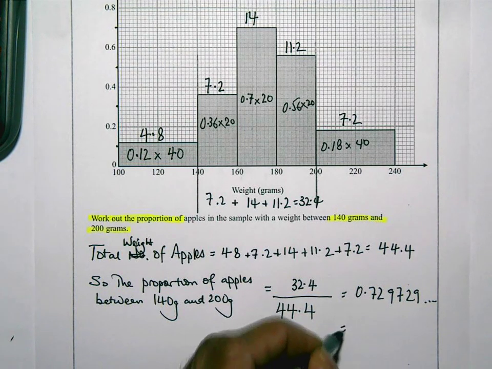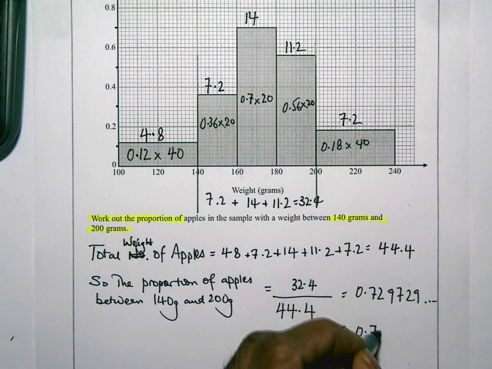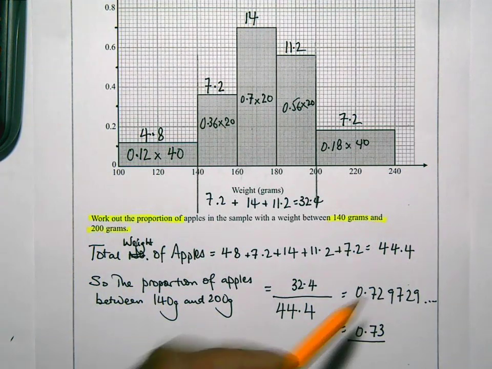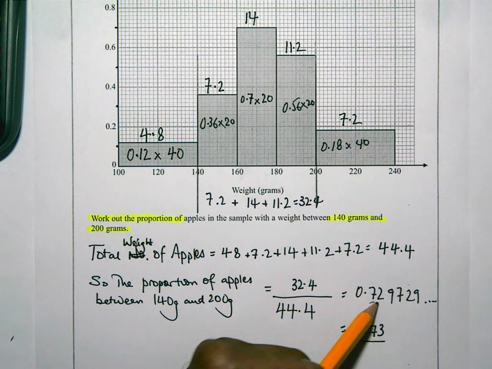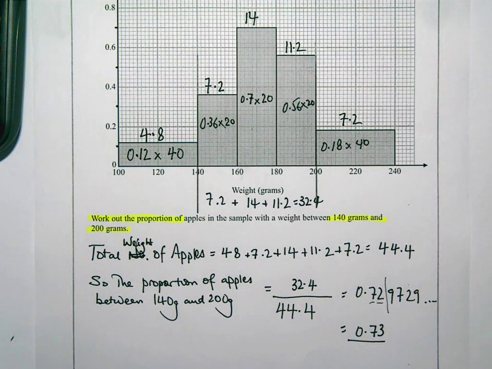So writing it to 2 decimal places, that's going to be 0.73. If you look at the 2 decimal places, 1, 2, I'm going to draw a line there, and that 9 means I round up and the 2 turns to a 3. So the proportion, which I write in the answer space, is going to be 0.73. That's the proportion of apples which are in that range from 140 to 200.